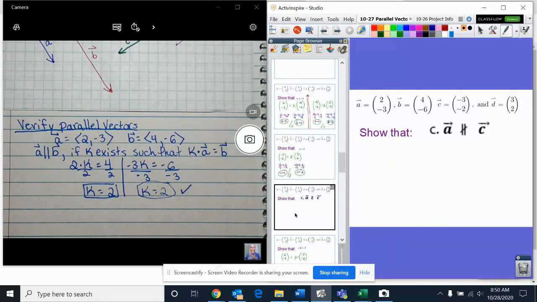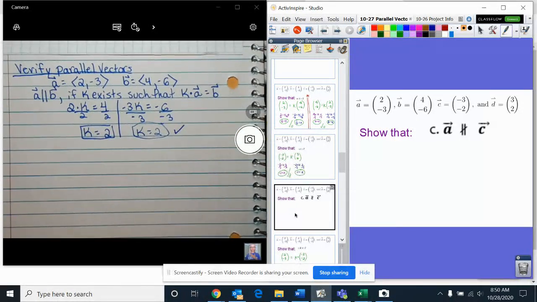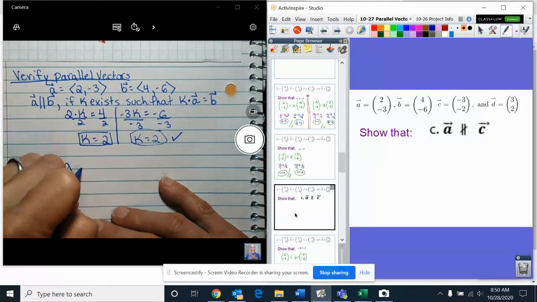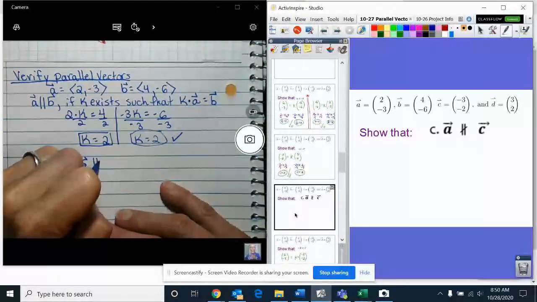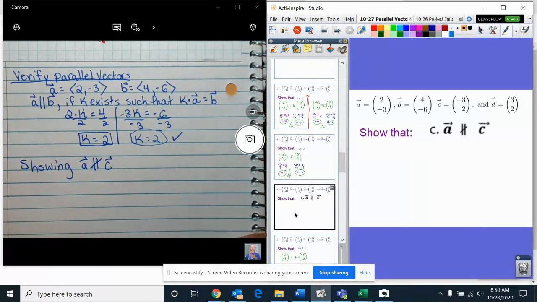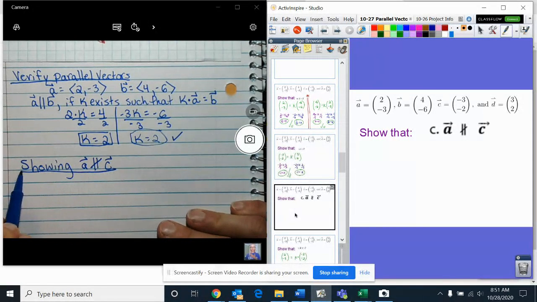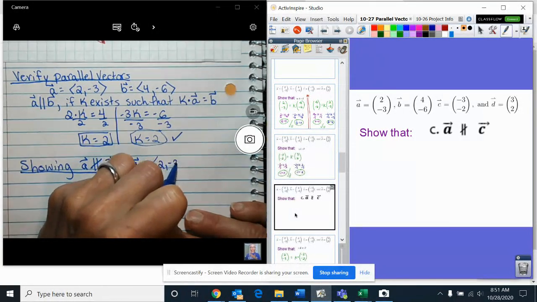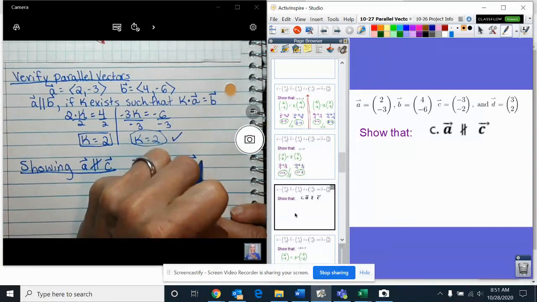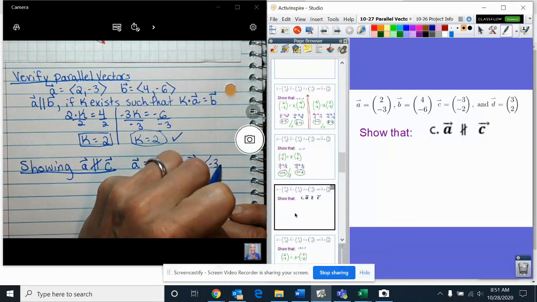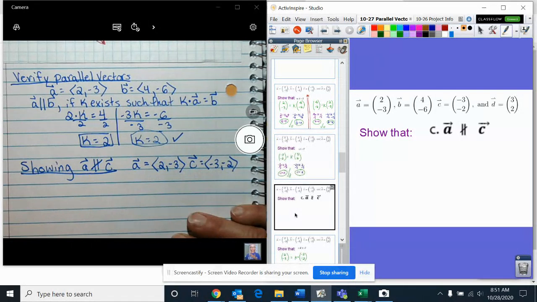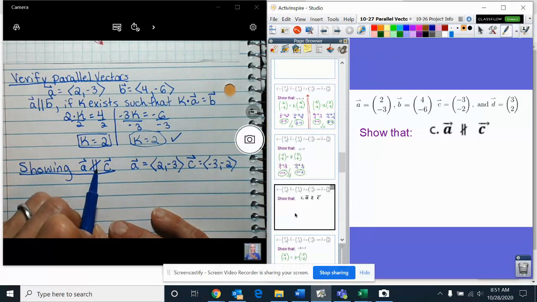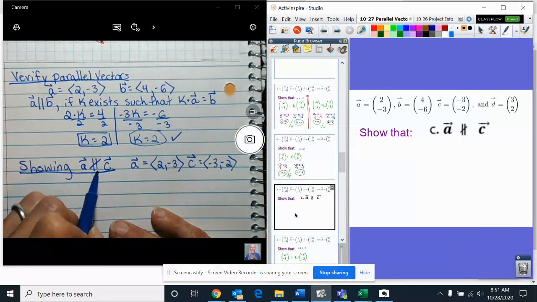Now we're going to prove that two vectors are not parallel. So we're going to show that vector A is not parallel to vector C. So start by writing down vector A and vector C. Okay, so if they are parallel, we're going to assume they're parallel and show that the constant is different.